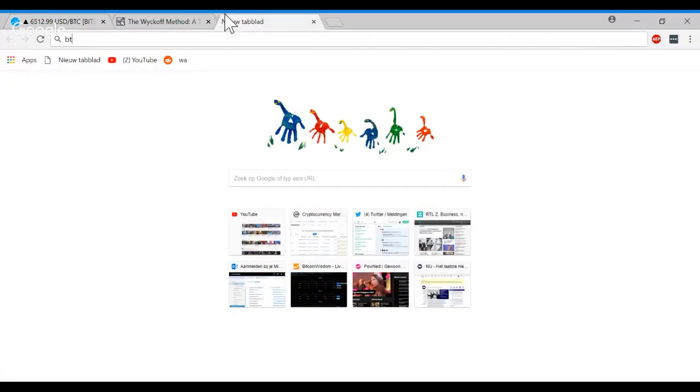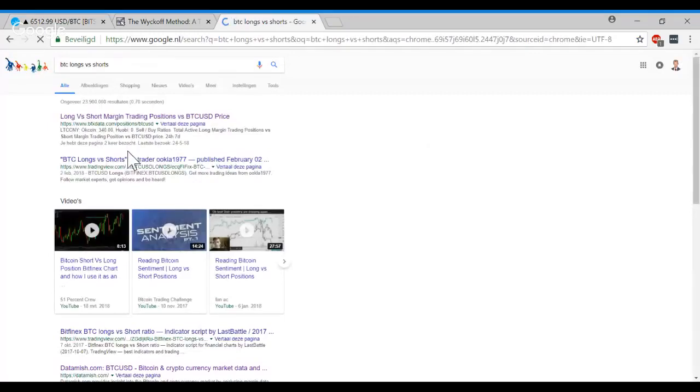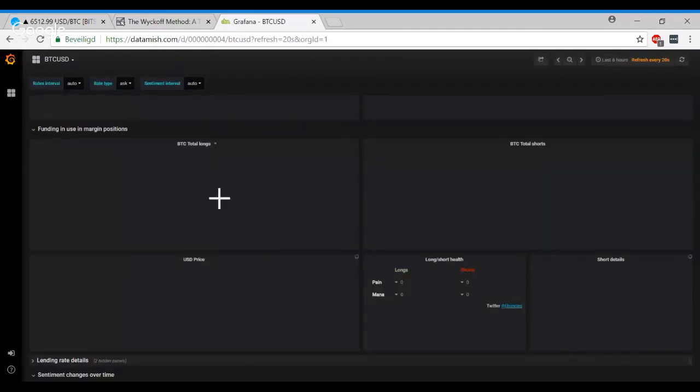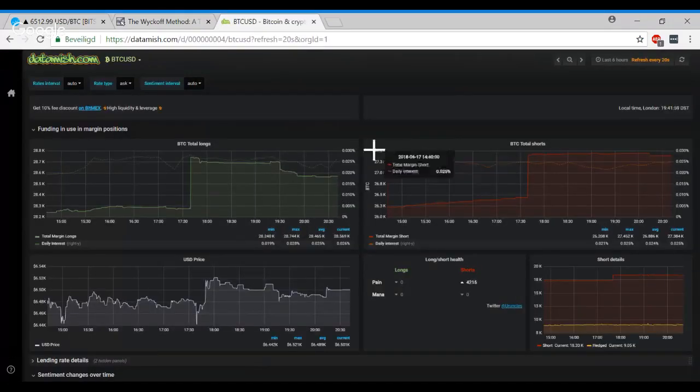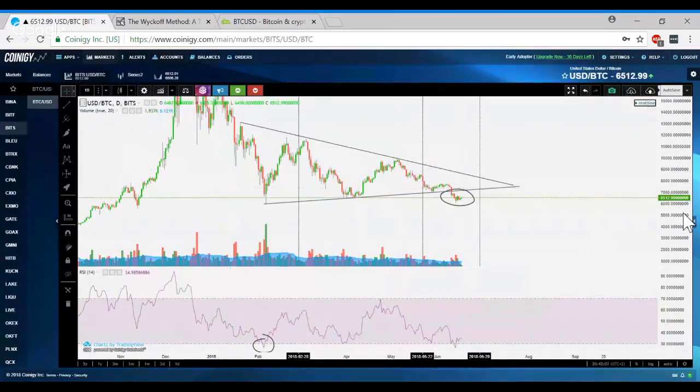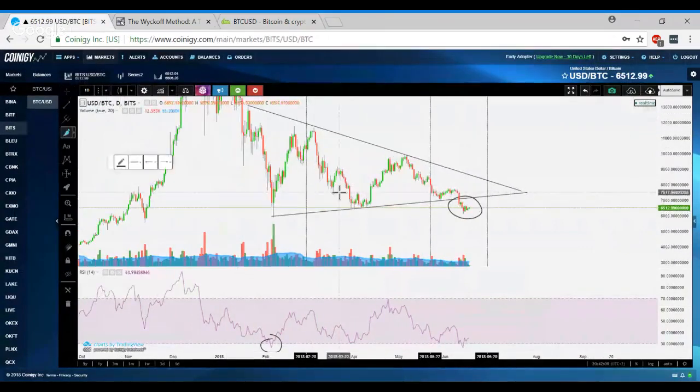If we go to BTC longs versus shorts on Datamish, you will see that shorts are almost overtaking longs. Now, the last time shorts overtook longs was right here.